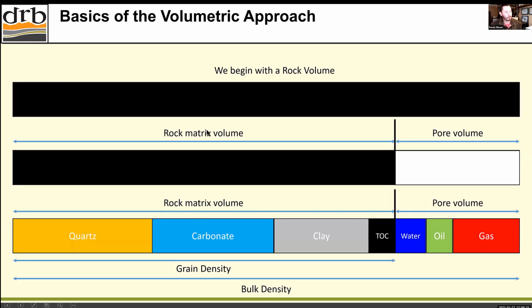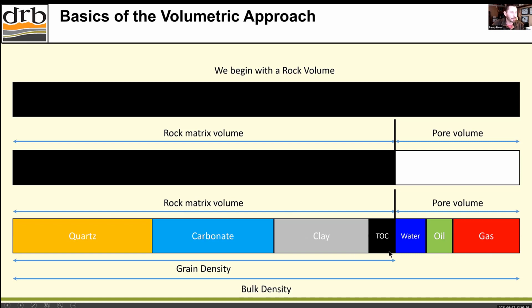So, a very basic review of what we're talking about when we build a volumetric model. You start off with a rock sample, and we can break that down into the matrix component and the pore volume component of that rock. Then, using different petrophysical techniques, well log data and all that, we can break the matrix volume down into its components: quartz, carbonate, clay, etc. We can use that to define a grain density.